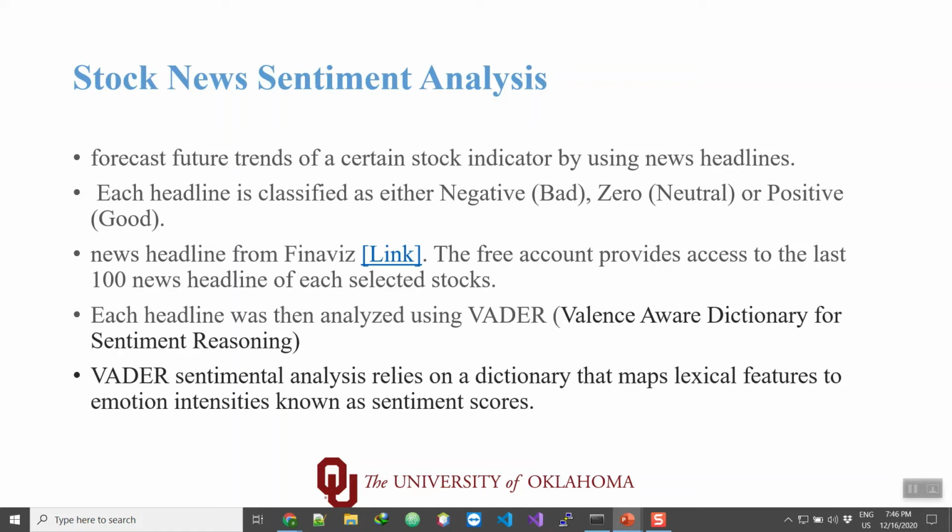So each headline or sentence is going to be classified as either bad news, which indicates a negative score, or zero, which indicates neutral. Not exactly zero. We can set a threshold between like minus 0.1 and 0.1, which we can determine as neutral, and positive, which determines good news, which indicates that the stock should be going up or is going up at the moment.